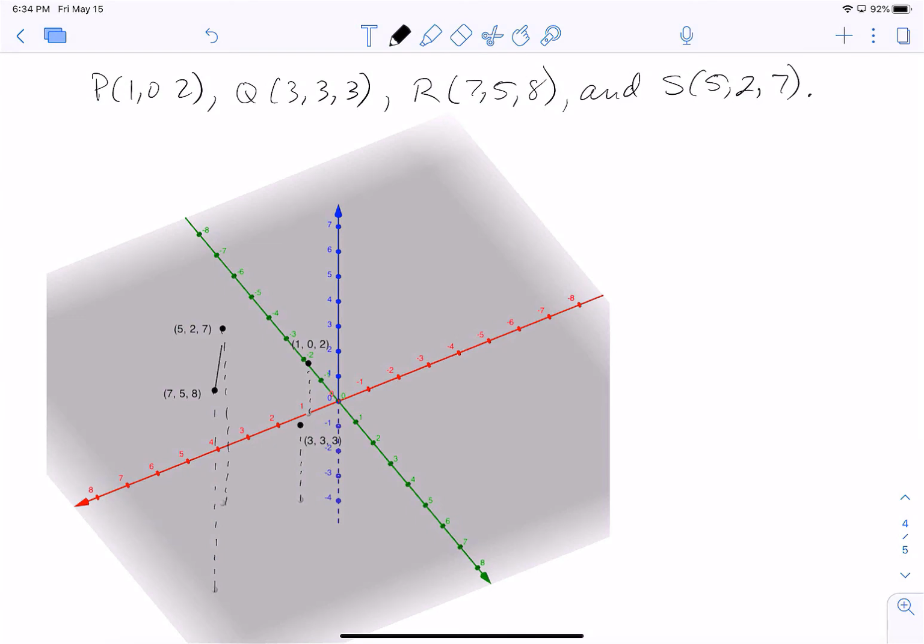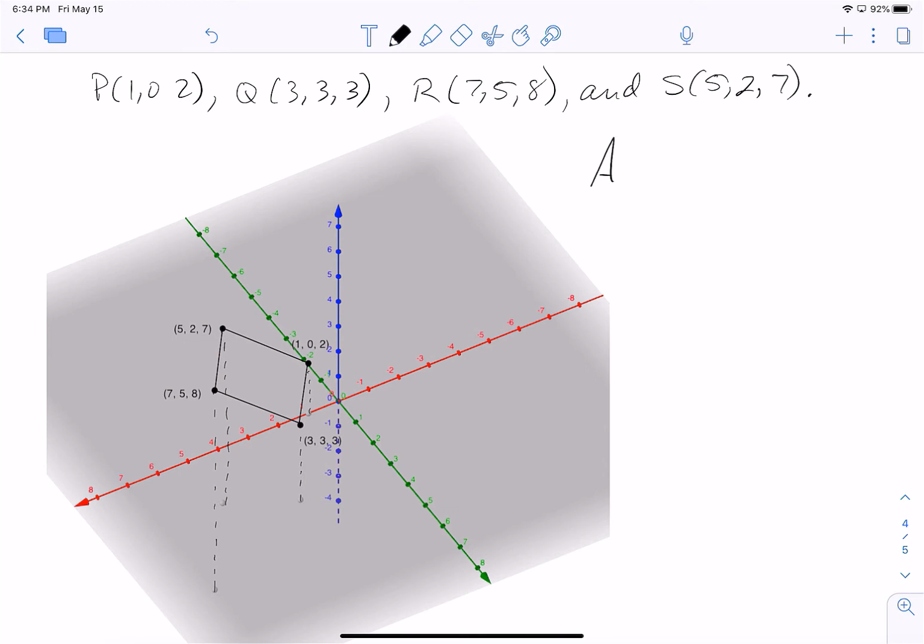Now, drawing this is pretty challenging, but having the visual is fairly useful in determining what the vertices would be for the parallelogram, which is important because we're going to form two vectors.